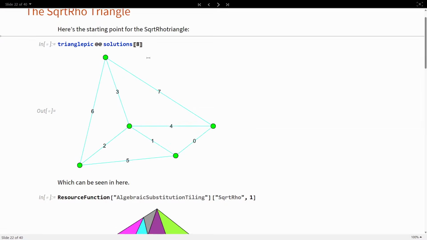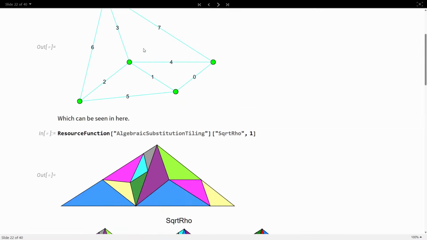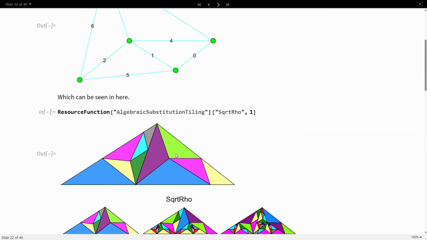Here's the one for the plastic constant, the square root of rho triangle. We've got these four triangles here, and they're right there. When you complete it, you get this isosceles triangle. And if you make another copy of that here, smaller, and add this triangle, which is the same as that triangle, you get back the original triangle, and everything is nicely scaled.